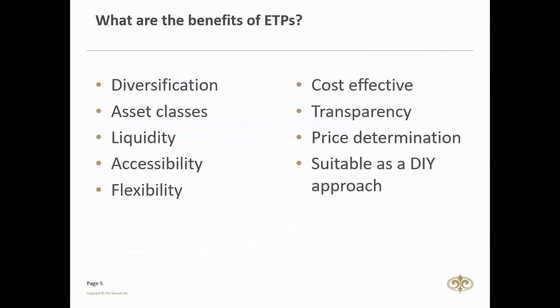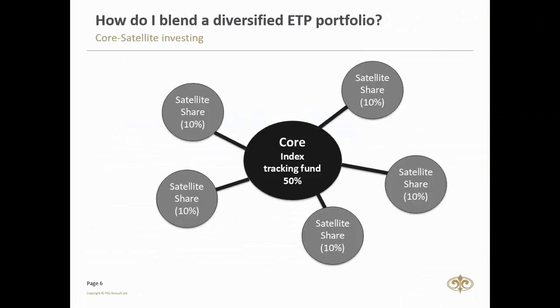So I mentioned just now the do-it-yourself approach, or core and satellite investing, and there are two ways to look at it. I spoke just now about how to blend a diversified ETP portfolio, and it depends on quite a few things. This is what they call a core and satellite investment approach.